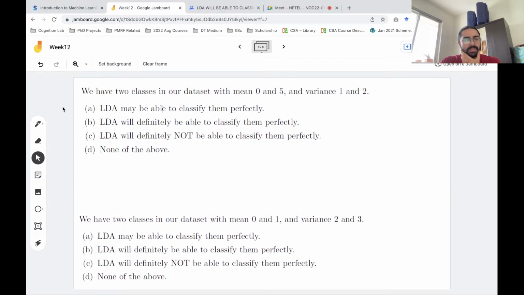So we have two conditions. One is we have two classes in the data set, one with mean 0 and 5, variance 1 and 2. And here it is mean 0 and 1, but variance is 2 and 3, right? So any ideas how you would go about solving this question?